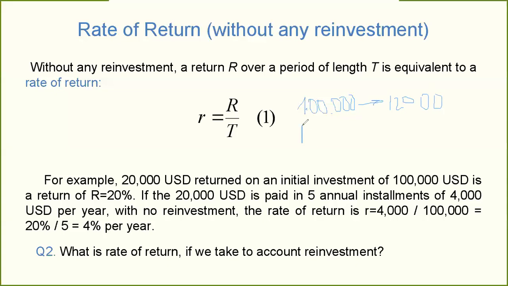So the return is a proportion, you remember. In the numerator we write the difference, the net profit, but in the denominator we write the initial investment.